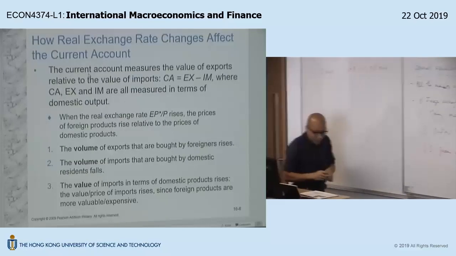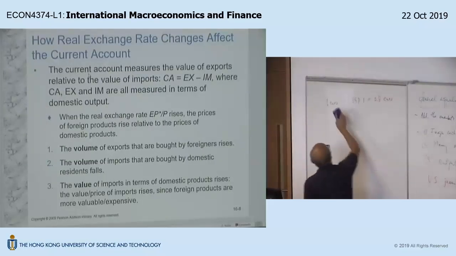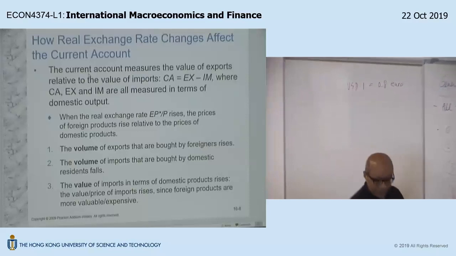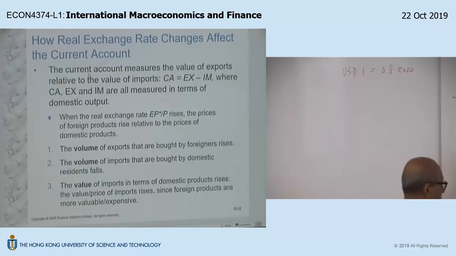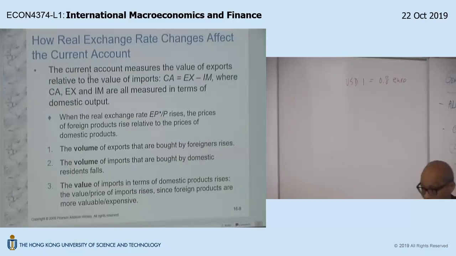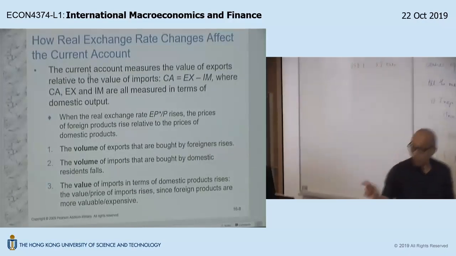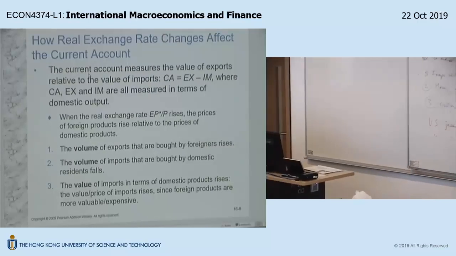Then US jeans sold in Europe will be priced at 40 euros, because they want to get the same price when they're sold overseas. Okay, so that's the assumption.